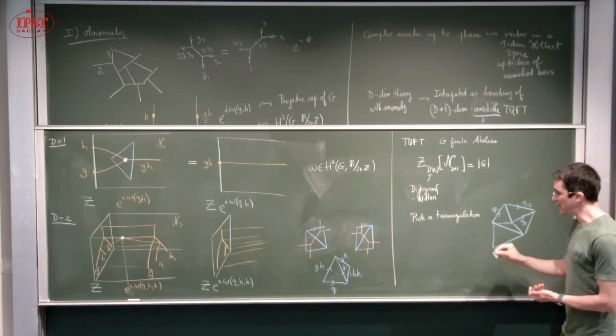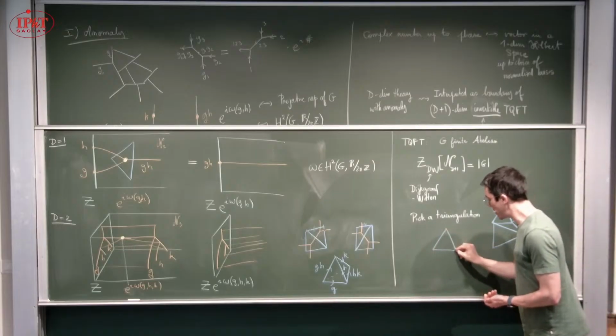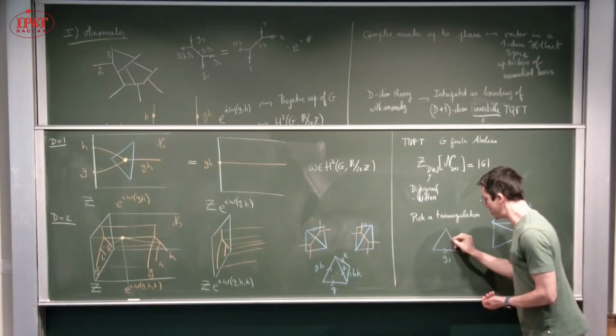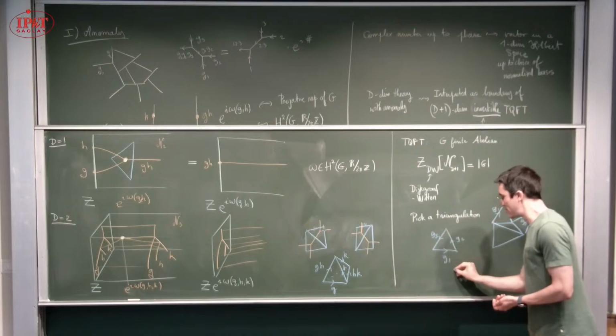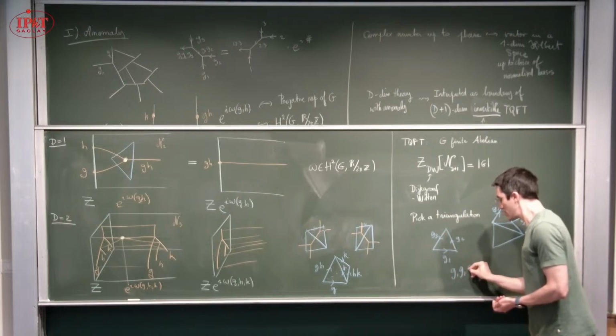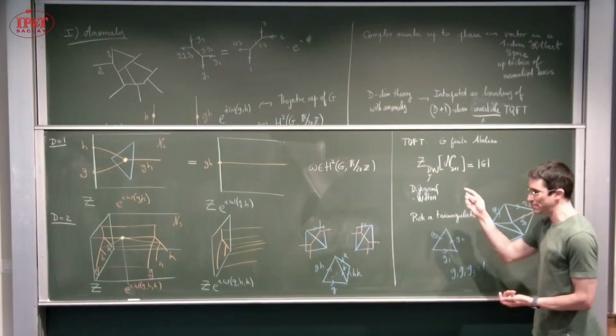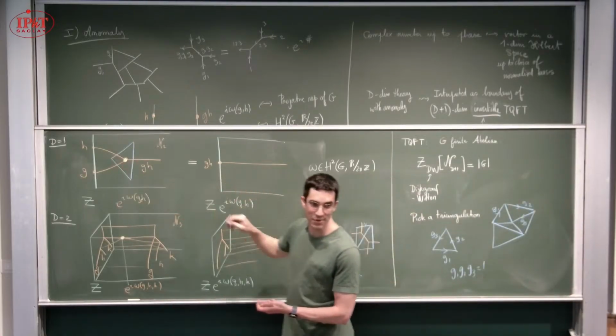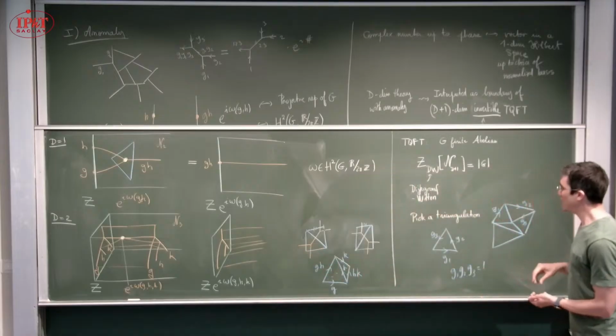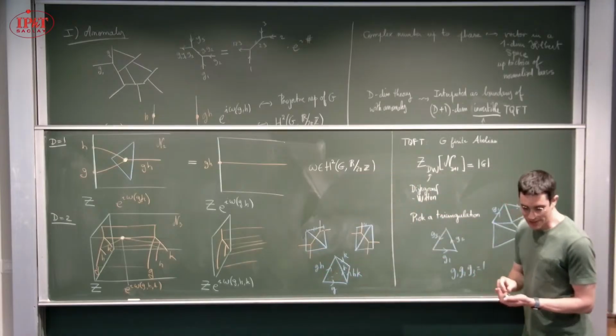Then you should have it in a consistent way. So whenever you have a triangle like this, G1, G2, G3, you should impose that the product is 1, which is the conservation of the group element. So yeah, you do this and then you just sum.